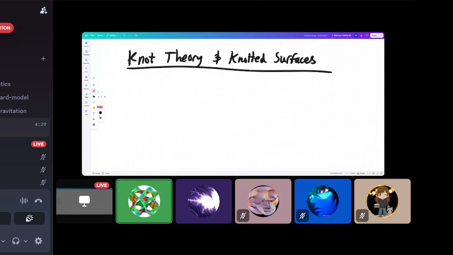So this talk is going to be split into three parts. There's what is a knot, what are we trying to classify with knots in knot theory, and then the algebraic topology of knot theory and Seifert surfaces, which give knot invariants.